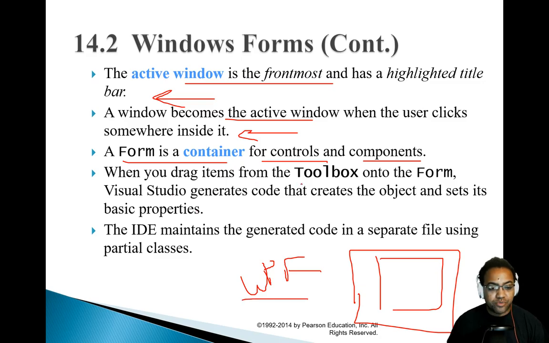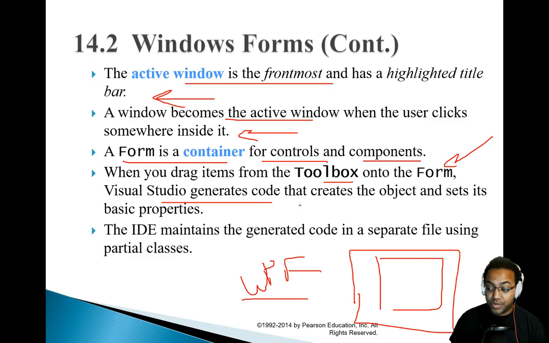When you drag items from the toolbox onto the form, Visual Studio generates code that creates the object and sets its basic properties, and you will see that code when you look at the code behind. And this is one of the reasons why I don't drag my code over, because in dragging from the toolbox onto the form, you'll get things that you don't want.